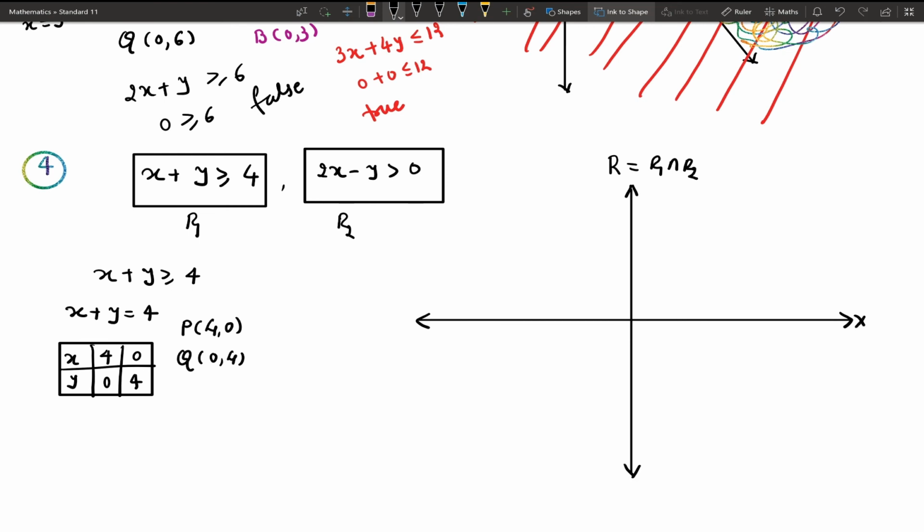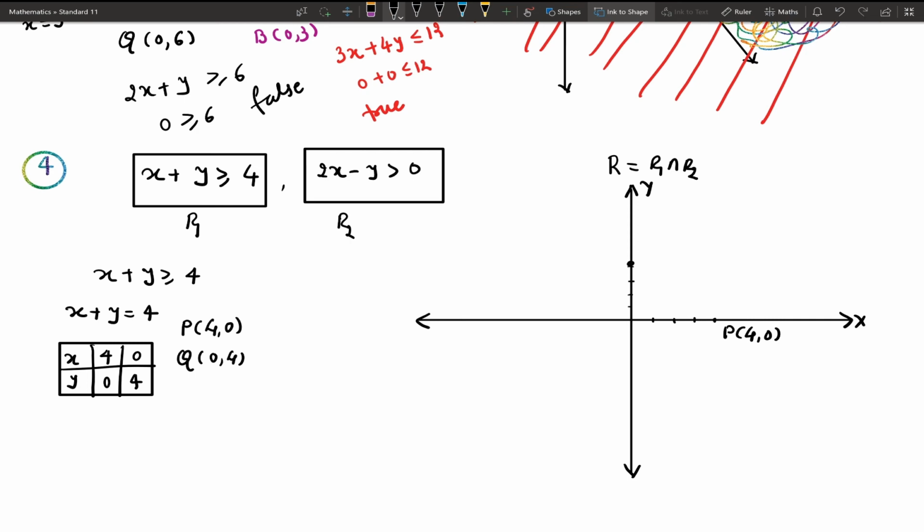X axis, y axis. Now point P (4, 0): 1, 2, 3, 4 on an arbitrary scale. Another point is Q (0, 4): 1, 2, 3, 4.